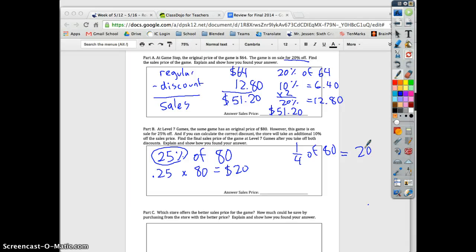And then I did 80 minus 20, and I got 60. Okay, so is that your final sales price? No, here's why. If we stop there, it says that if you calculate the correct discount, the store will take an additional 10% off the sales price, off of this price. Alright, Giselle, tell us what to do next.